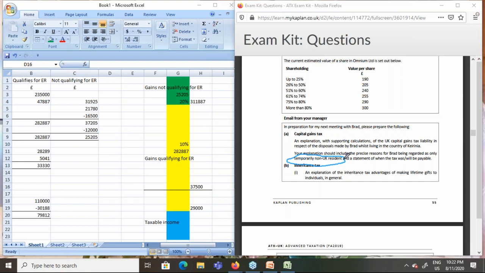So while you are abroad, you may sell the assets at a gain, and the gain will not be subject to UK tax because you are not a UK resident person. However, HMRC will not allow you to avoid taxes by using methods like that. Therefore, there is a principle called temporarily non-UK resident.